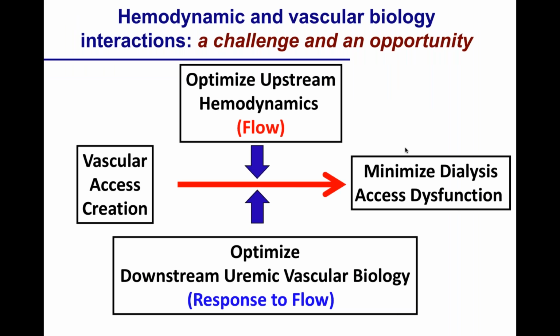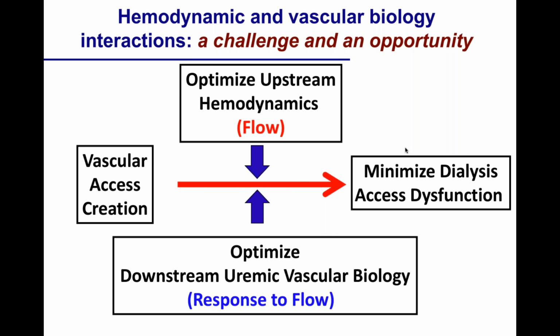Well, we very strongly believe that if, as a community, we want to be serious about minimizing vascular access dysfunction in the next decade, we need to focus not only on optimizing upstream hemodynamics, the flow part of it, but we also need, obviously, to optimize downstream uremic vascular biology, or the response to flow.